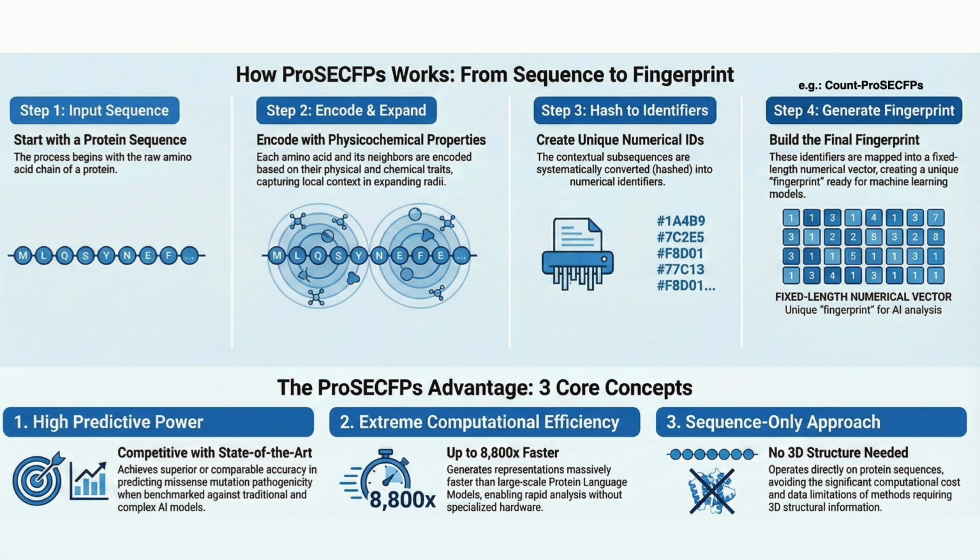Now that we've seen a few examples of how protein sequences can be represented, let's look at how protein sequence extended connectivity fingerprints was developed. The idea comes from a well-established method in chemoinformatics known as extended connectivity fingerprints, which is often used to describe small molecules. The authors adapted this idea to proteins by treating each amino acid like a node in a linear graph and expanding its neighborhood along the sequence, instead of around atoms, as in classical small molecule fingerprints.